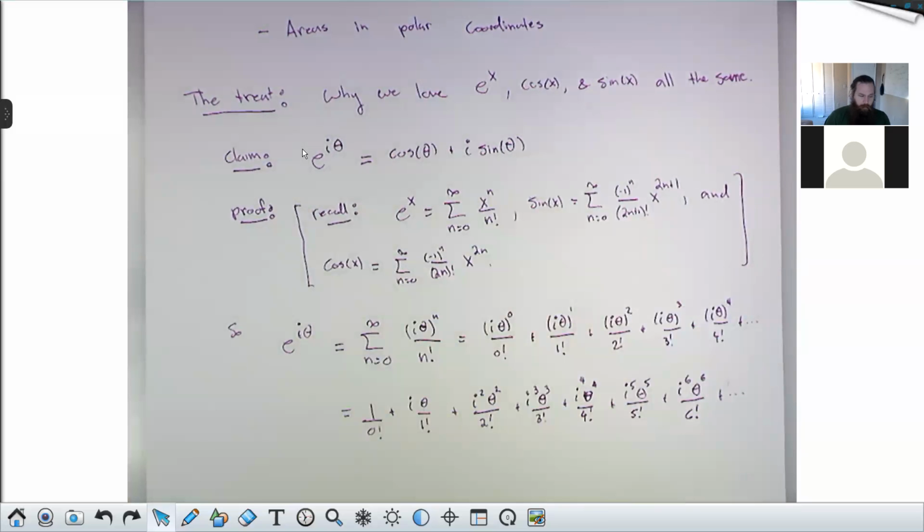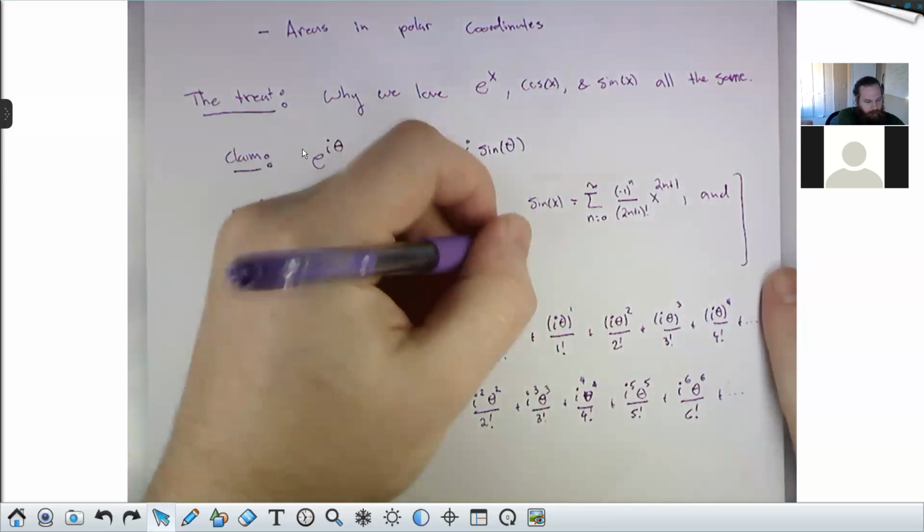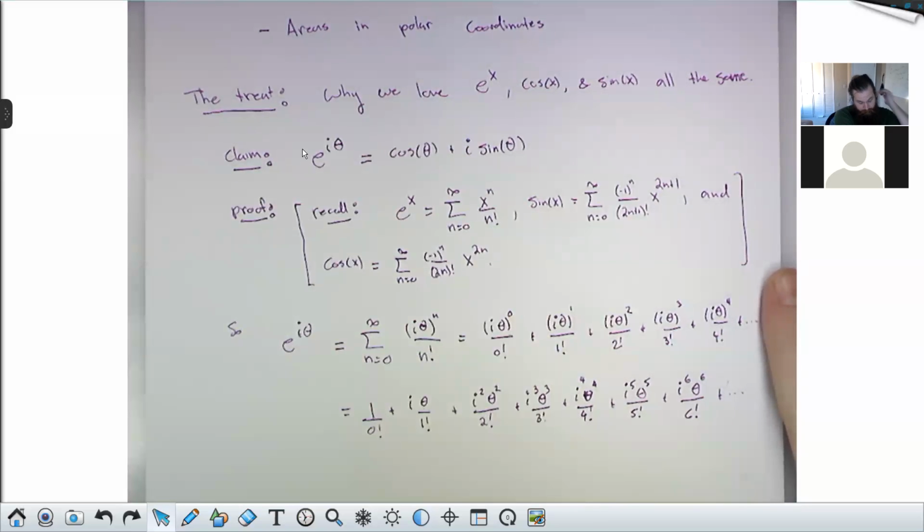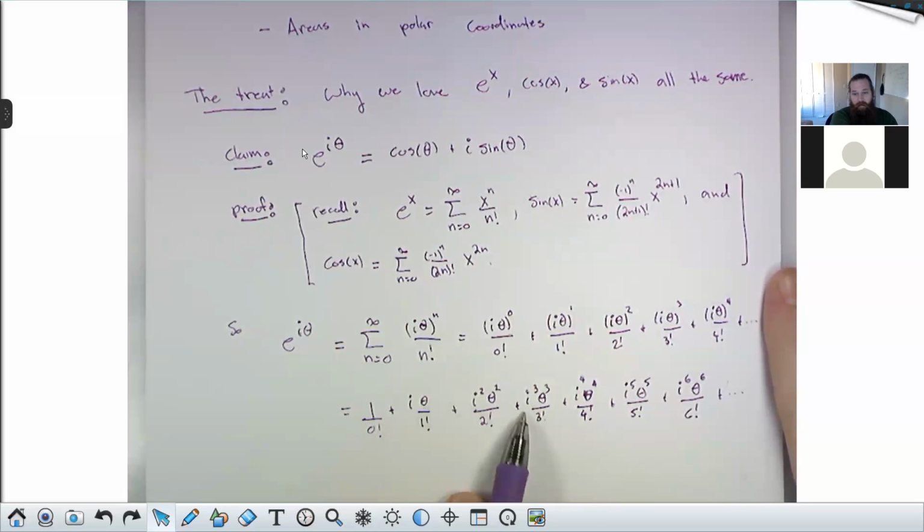Now, you may or may not know this about powers of i, but they cycle. i to the 1 is i, i squared is -1, because i is the square root of -1. i cubed is -i, i to the 4 is +1.